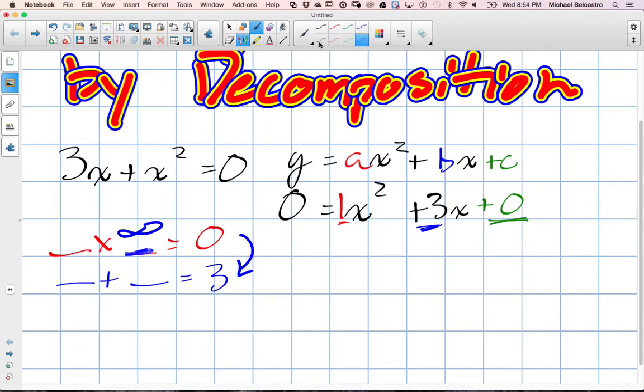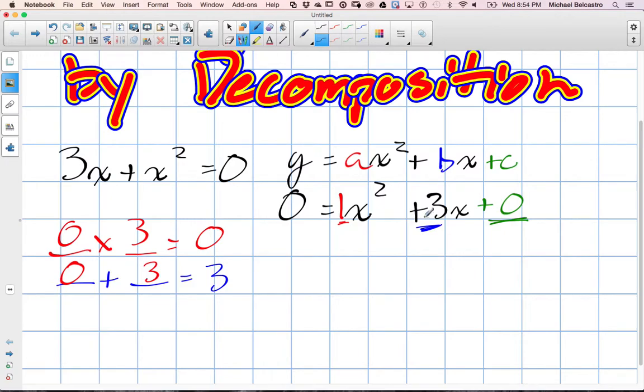Using a little deductive reasoning, one of these numbers has to be 0 in adding, which narrows it down a lot. If we're adding a number to 0 to make 3, the only number is 3. So the two values are 0 and 3, and 0 times 3 is 0, that works out great.